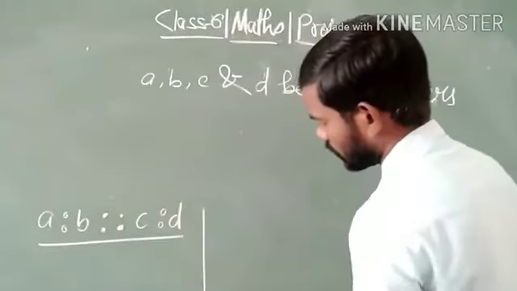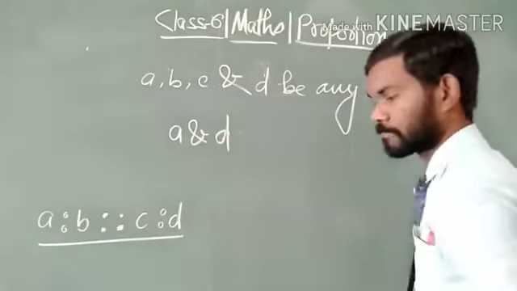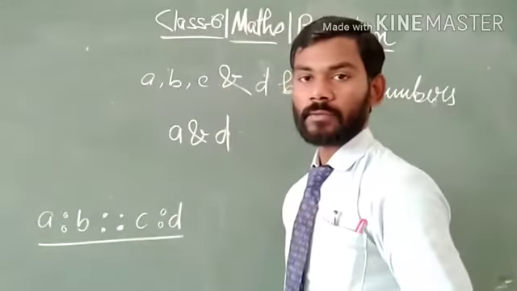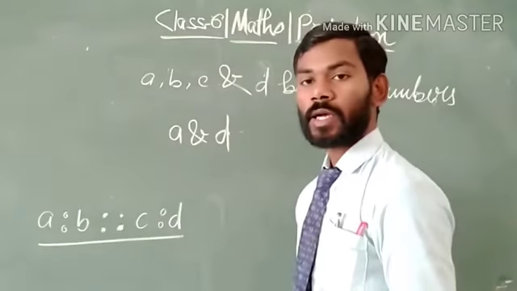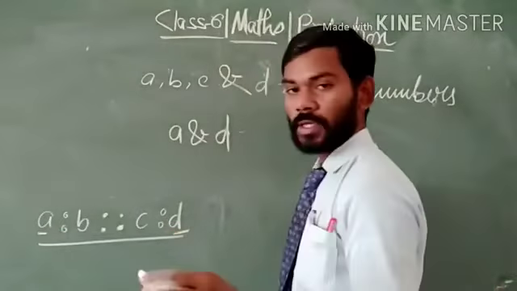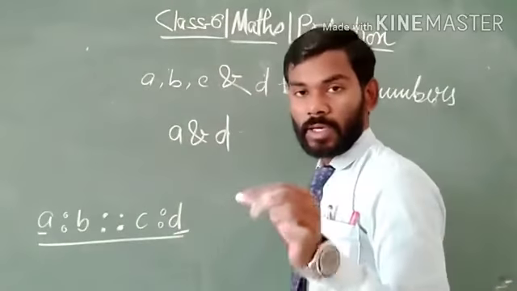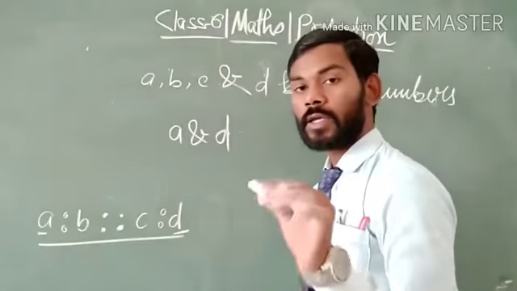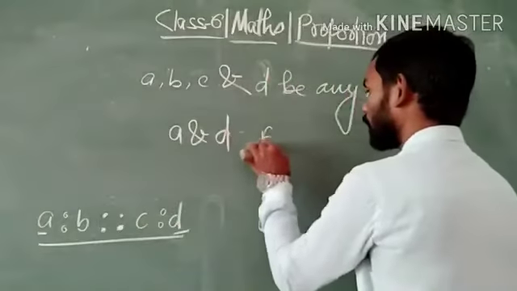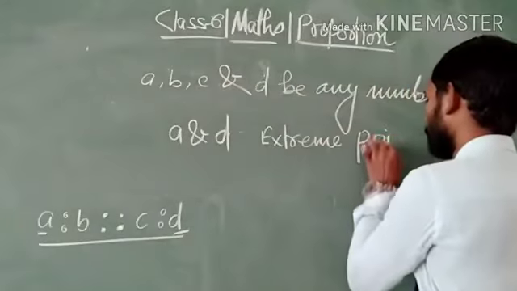So here the quantities A and D are situated at the border, meaning outside. Hence the quantities A and D are called extreme points.